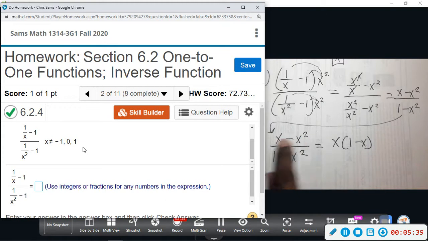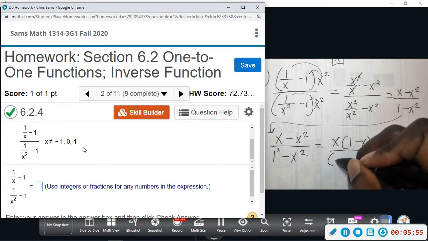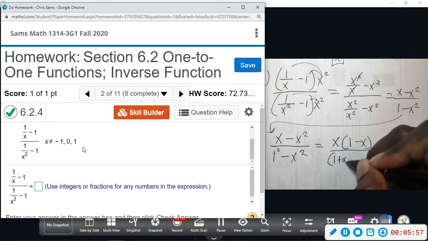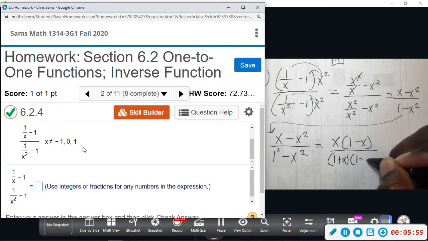On the bottom, this is a difference of squares. You can look at this as 1 squared, and 1 squared is still 1. So we have two perfect squares. When we factor that, we get 1 plus x and 1 minus x.